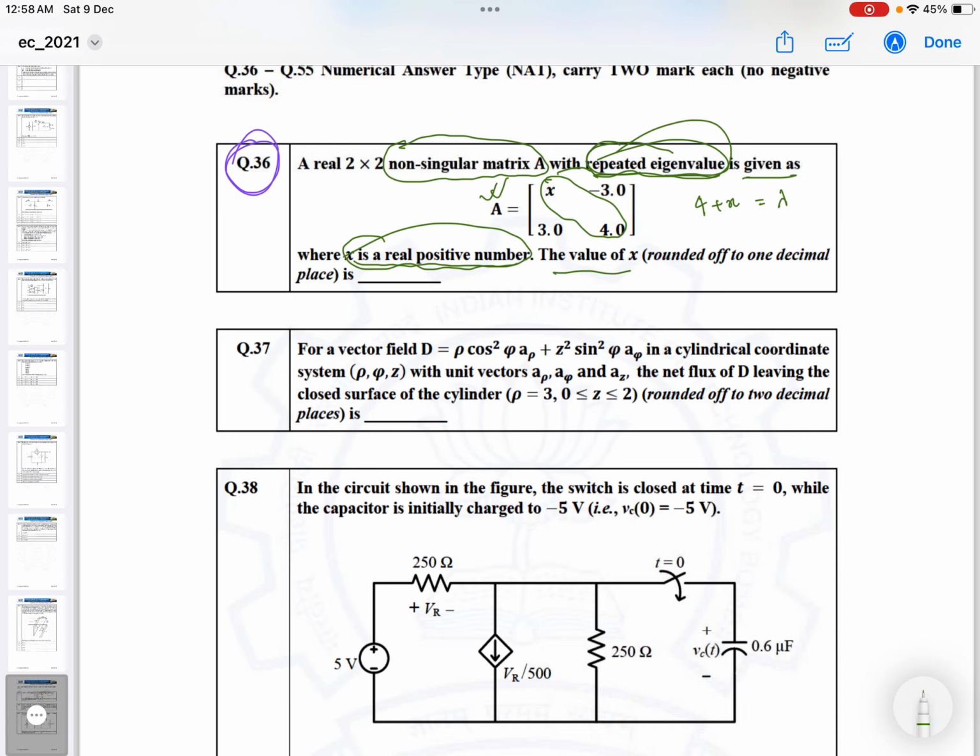And one more piece of information we can get from this matrix is the determinant, and the determinant will be 4x plus 9, and this will be equal to the product of the eigenvalues. So we have a repeated eigenvalue, so that will be lambda square. Now from here we can find lambda square, right?